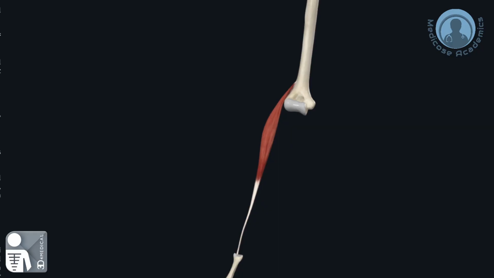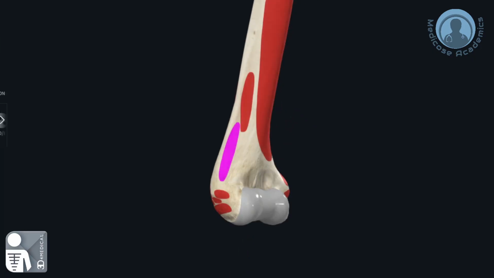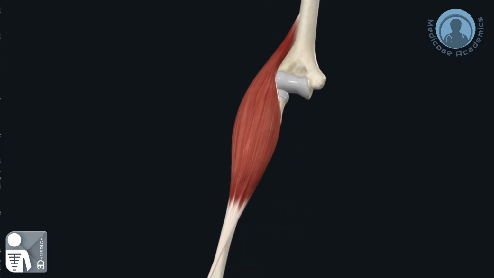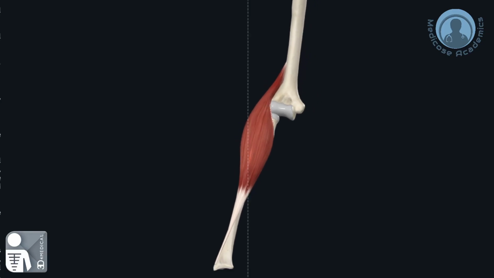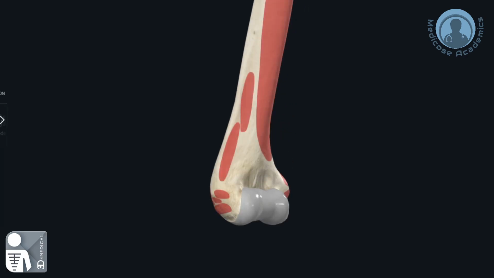This is the muscle that goes all the way down to the wrist and helps in extension and abduction of the wrist joint. Then the muscle attaching immediately above it is the brachioradialis muscle that crosses the elbow and goes all the way to insert at the radius, and it helps in flexion of the elbow. We will see it again in the forearm.